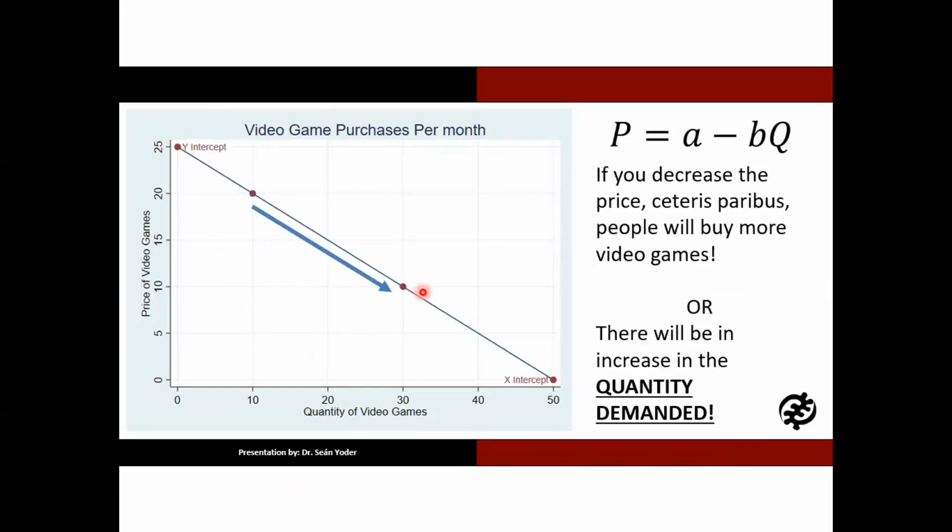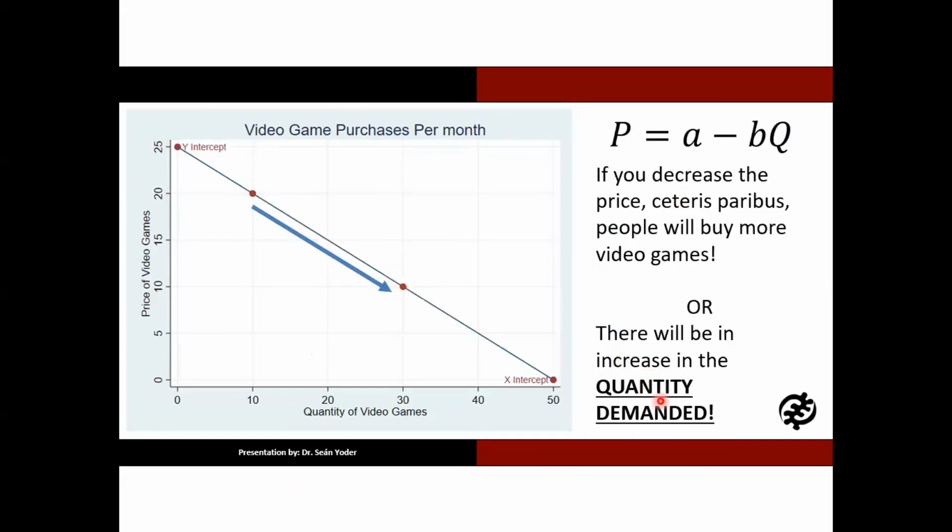So if the price goes from $20 to $10, ceteris paribus, people will buy more video games. Or we would say there was an increase in the quantity demanded. So because it's a price change, we would move along the existing demand curve to the right to the new point.